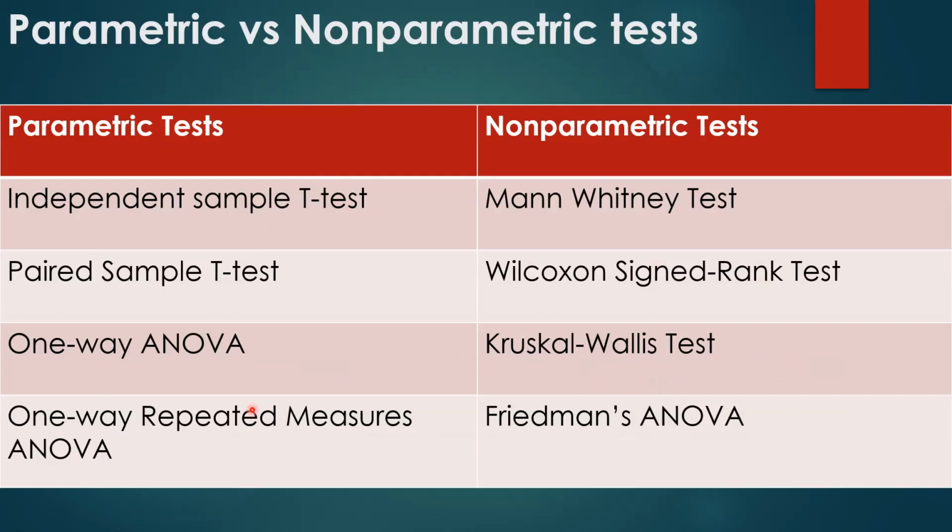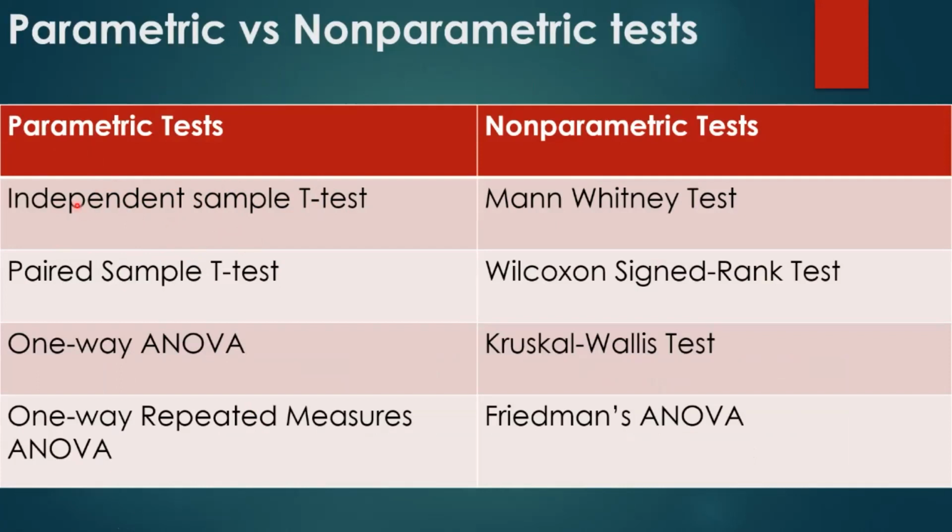So let's see the types of parametric tests and non-parametric tests. We have the independent sample t-test. As I said, that is for two-group differences, analyzing variance between two groups which are independent, for parametric tests. So it means the data set must have met all the parametric analysis conditions.